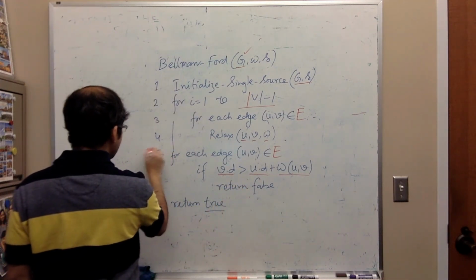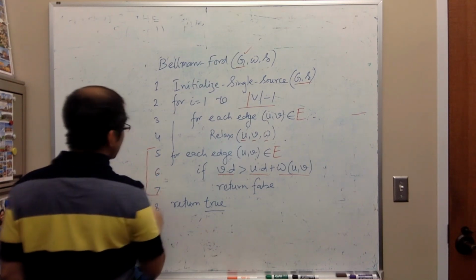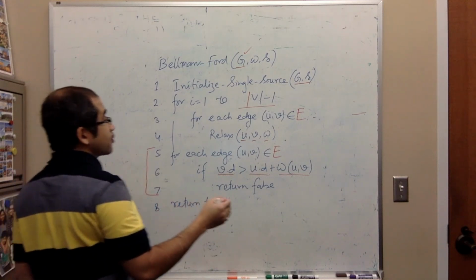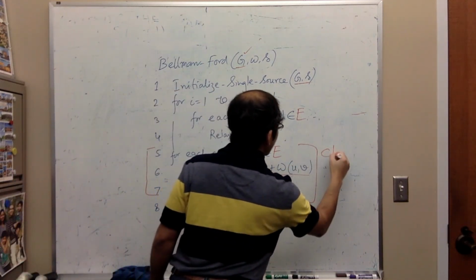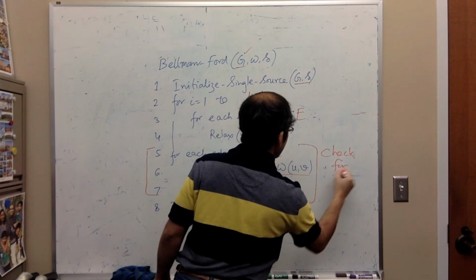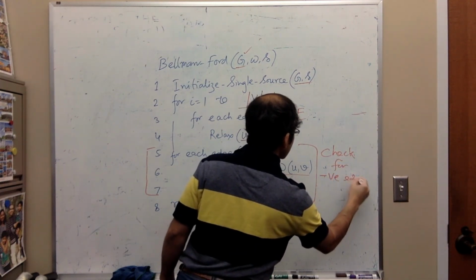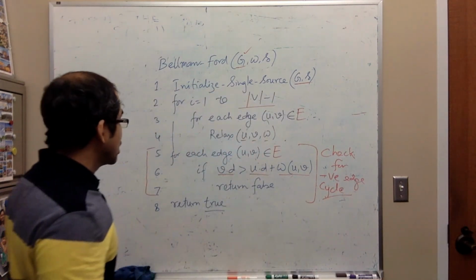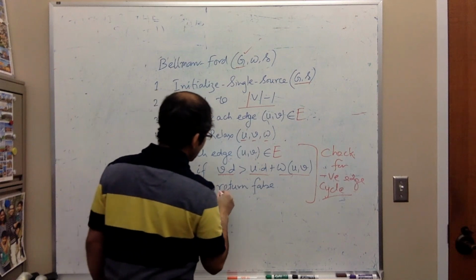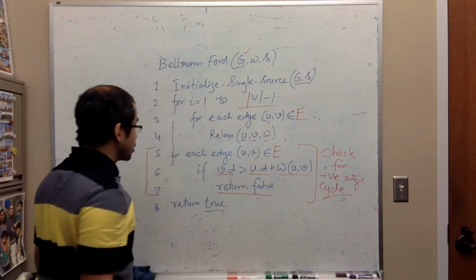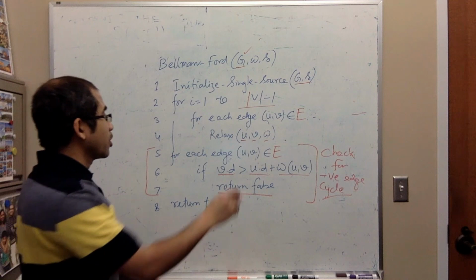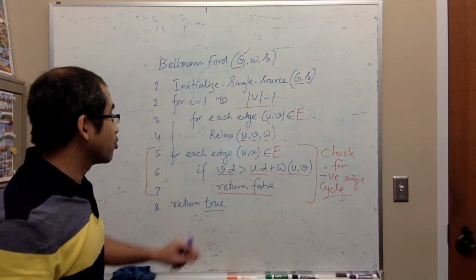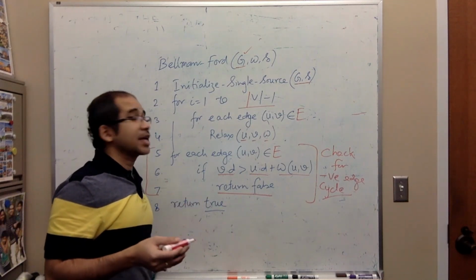So this part is checking for a negative edge cycle. I'm not going too deep into that because it needs some kind of proof to show that this algorithm works and can detect a negative edge weight cycle.